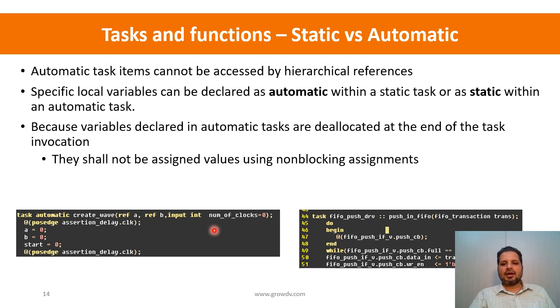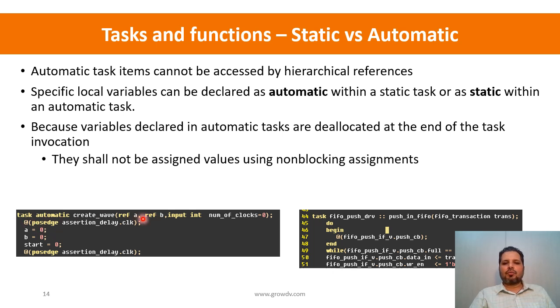Let's look at one simple example. If I have a task automatic, say create wave, and I'm passing some variables by reference. Don't worry about the fact that it is by reference. I know you don't fully understand the concept of reference at this point, but just understand that we are passing the arguments, and this could have been an output argument as well.